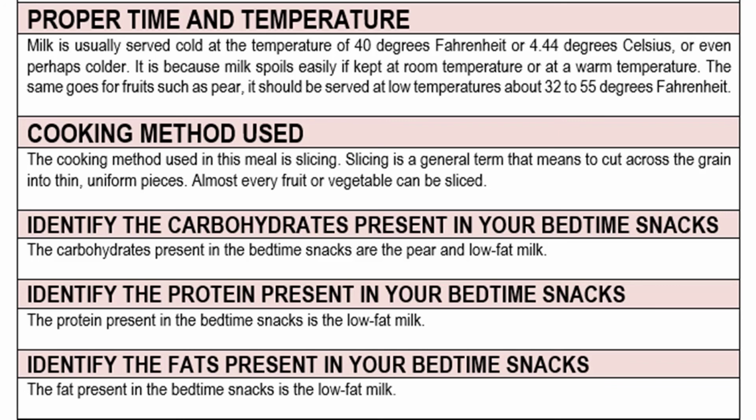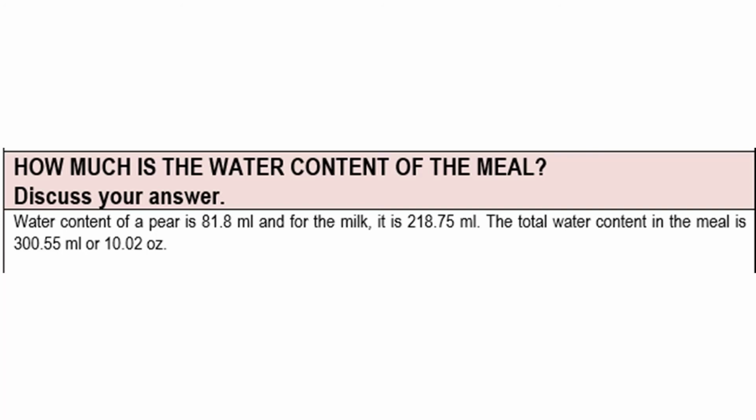The water content of my snack is that the water content of a pear is 81.8 milliliters, and for the milk it's 218.75 milliliters, totaling the water content of the meal to at least 300.55 milliliters or 10.02 ounces.